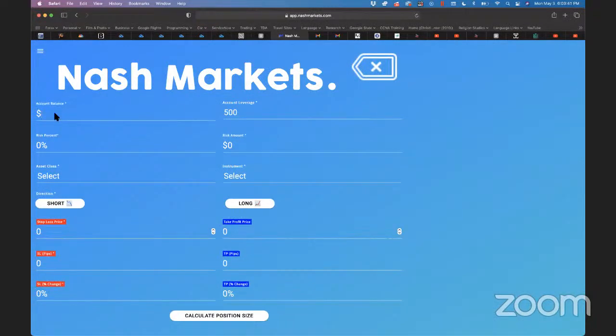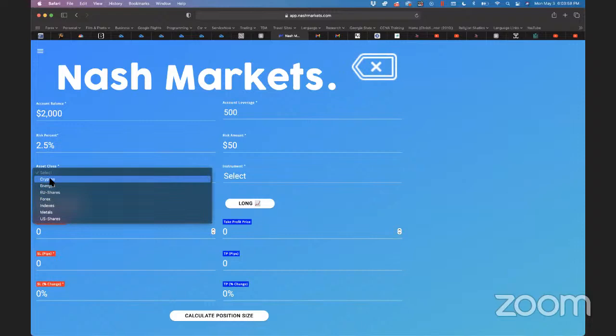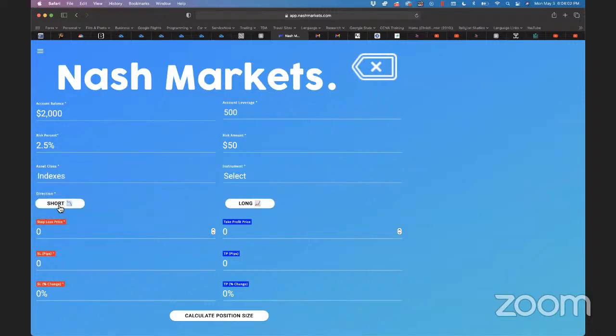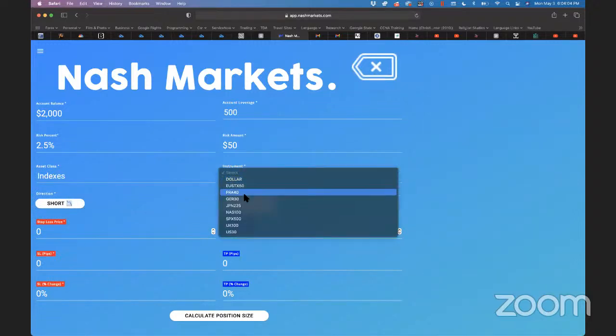So let's say I'm using a $2,000 account, the leverage on my account is 500, and I'm only going to risk 2.5%, which is $50. I'm going to be trading, let's say, SPX.